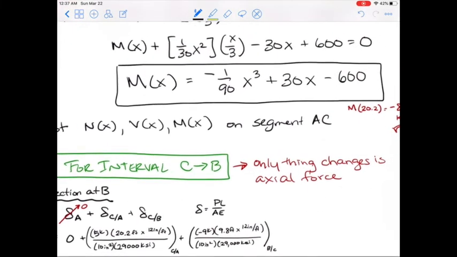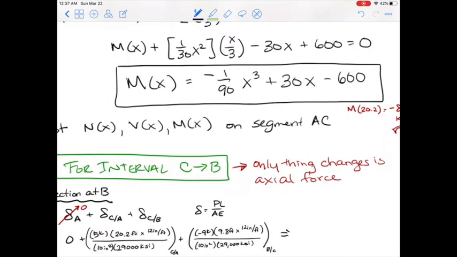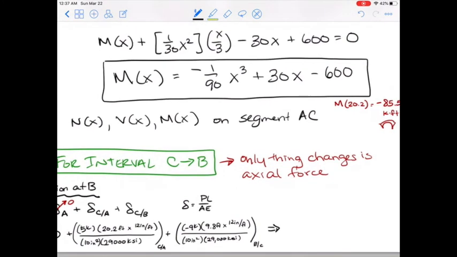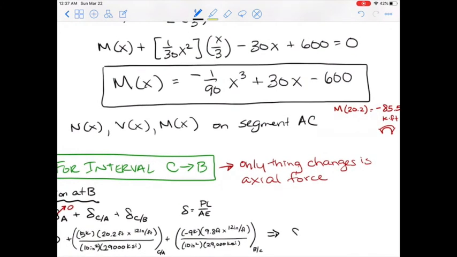All right, and then put our calculators to work. You should solve that the deflection at B, delta B, is 0.000530 inches. Positive number indicating stretch to the right.